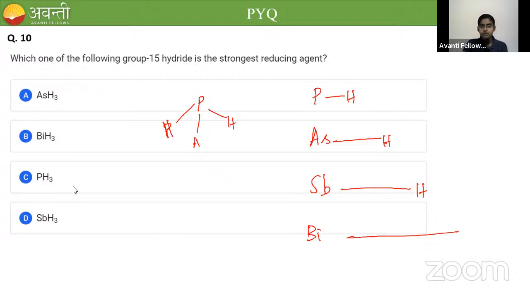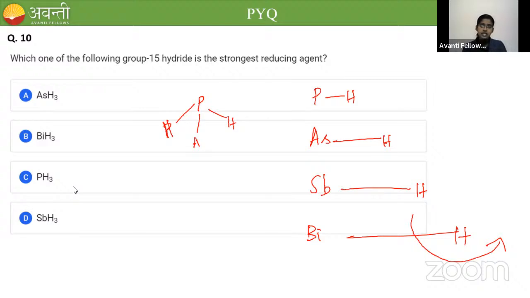If you can see here, the length increases on moving down the group. So bismuth can give out its hydrogen so easily because the bond length is very high, and we can break the bond. Same concept which we discussed in the previous question. So this bismuth-hydrogen bond can be broken easily. Hydrogen comes out, and acidity is more for that.